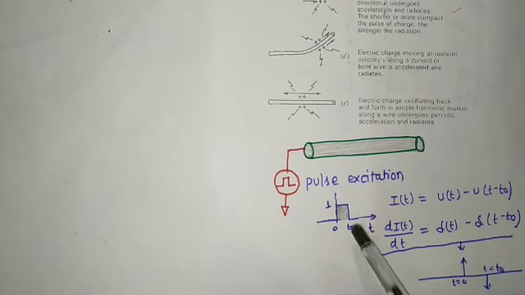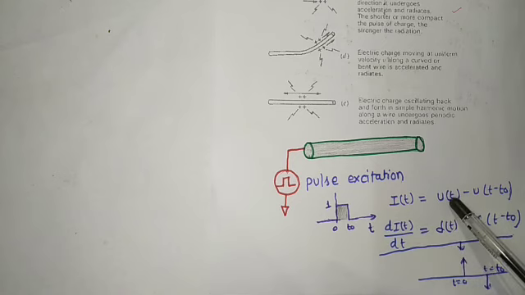I have already told you, a pulse is nothing but the subtraction of two unit step functions: u(t) minus u(t minus t naught). Let's differentiate this. What is the differentiation of a unit step function? That is the Dirac delta function, and the differentiation of the second unit step function will again be a Dirac delta function with a minus sign.